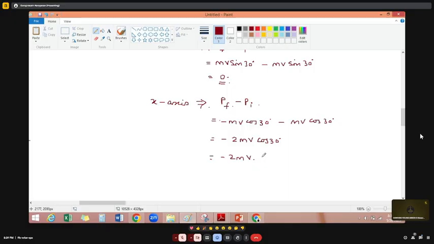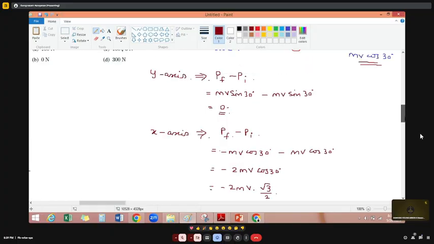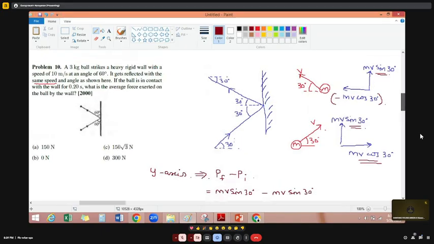Cos 30 is root 3 by 2. Sin 30 is 1 by 2. Mass is given as 3 kg. Angles, don't forget, are given with respect to the wall, but we want with respect to the x-axis. That's when I can use cos theta and sin theta.